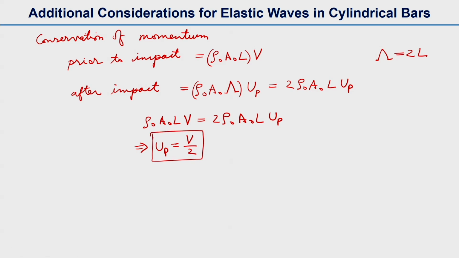and again from our earlier discussion, the stress generated. In our earlier classes, we have learned that rho C UP is equal to half of rho C V. Now C is the velocity of the wave, and UP is V by 2.